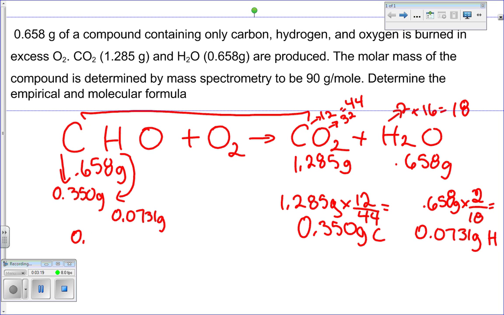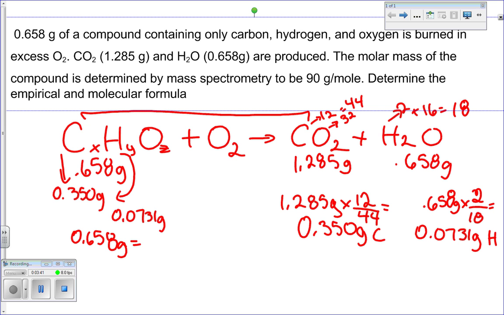I know that the total of this compound is 0.658 grams. That's the CHO compound, and I don't know the subscripts, so I'm going to say C is X, H is Y, and O is Z. That's what I'm trying to figure out. The total grams of this compound that was burned is 0.658 grams.